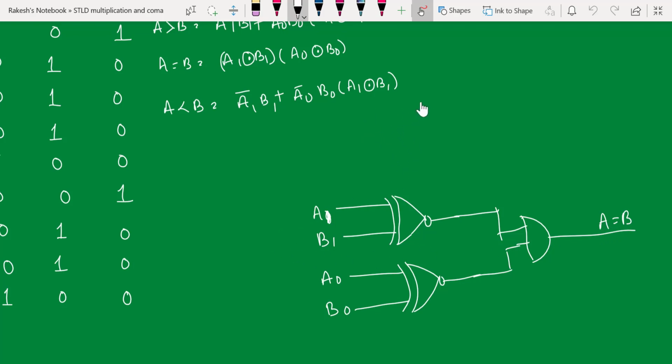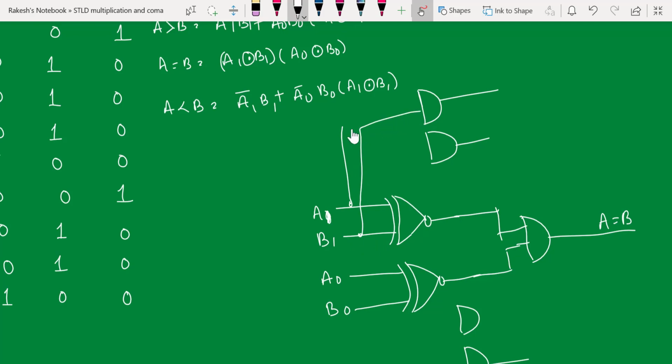Now I'm going to construct using two AND gates here. Similarly, you're going to use one more AND gate here and one more AND gate here. For the first AND gate, I'm going to connect my A1 into B1 bar. This is nothing but A1 into B1 bar. In the second AND gate, you are going to take the output of A1 XNOR B1.